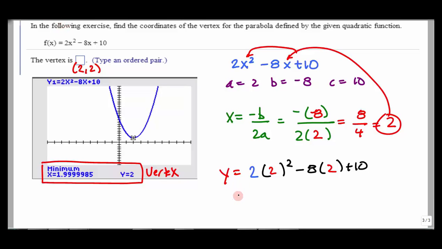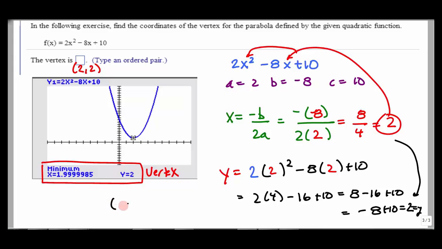So by hand though, we have 2 squared is 4, minus 16 plus 10. So 8 minus 16 plus 10, -8 plus 10 is 2. So this is the y value. So I know x is 2, and now I know y is 2. So again, my vertex is at (2, 2) for my handwork as well.